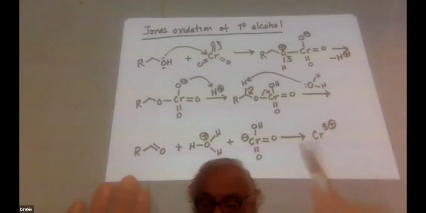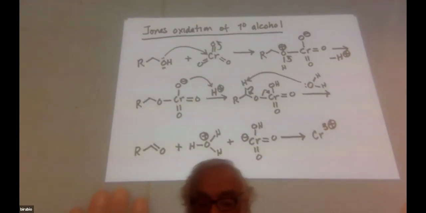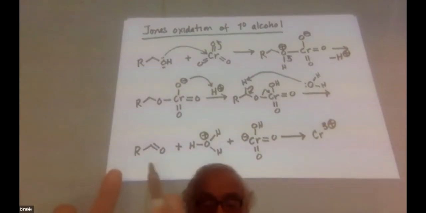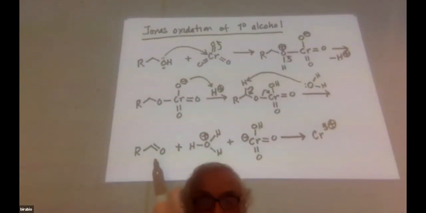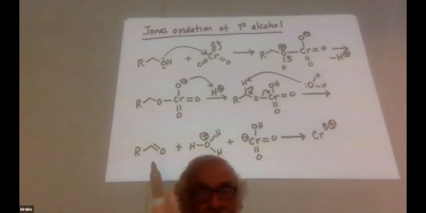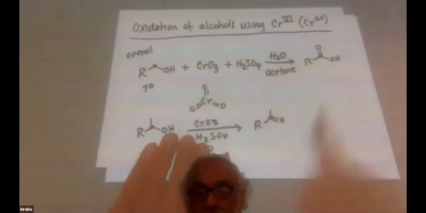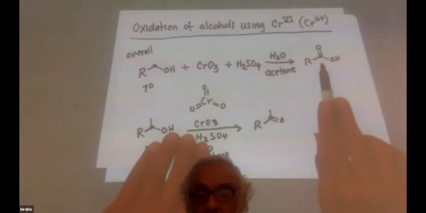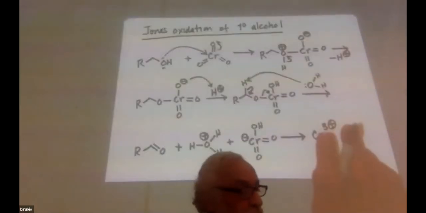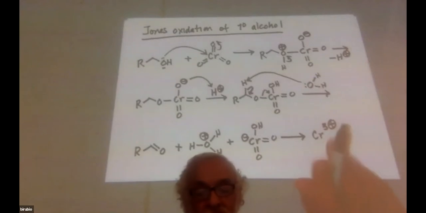But the mechanism for this, that's inorganic chemistry. We don't care about that. Okay, so this is an aldehyde now, but that's not what we said the final product was going to be. We said that the final product for the oxidation of a primary alcohol was a carboxylic acid, so we need more steps in the mechanism.